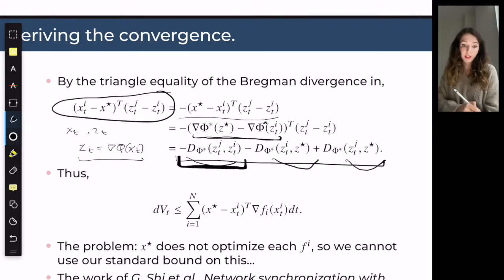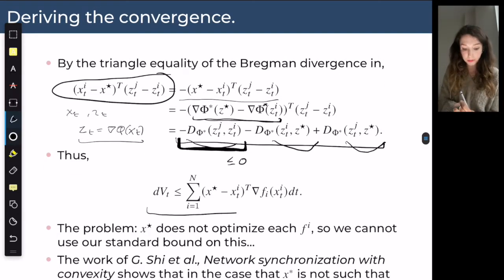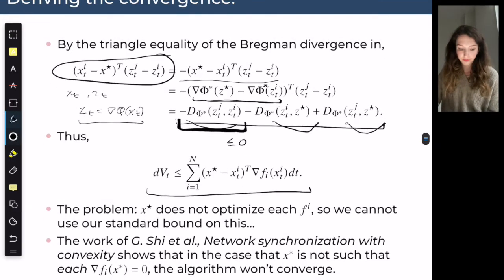And by non-negativity of the Bregman divergence, this is smaller than 0. So our first bound is to then obtain that the dynamics of V_t are governed as follows. So we're just left with this term coming from the gradient.